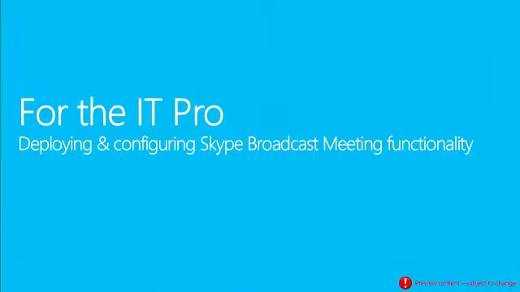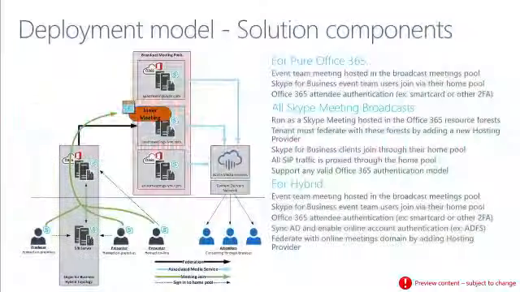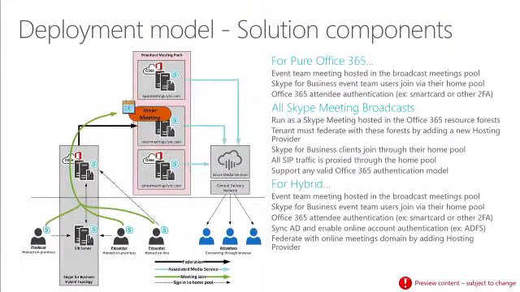If we take a closer look at what the solution is and how it's built, basically this is the model that we're looking at. As I said, we talked about this inner meeting, and if you look at the overview of all the different components, we start on the left: this is your own Skype for Business deployment.